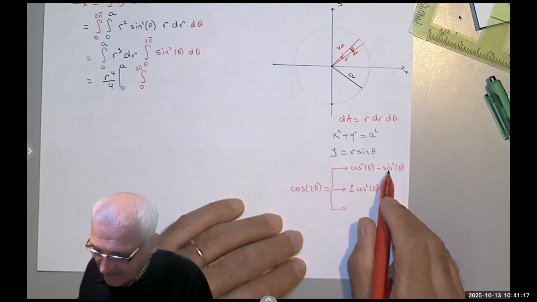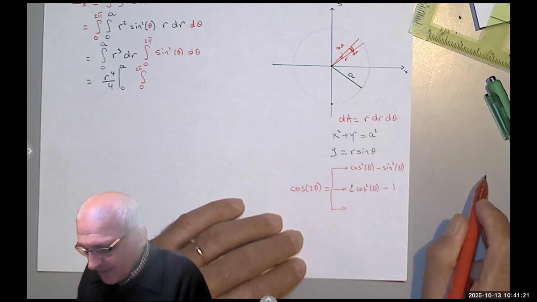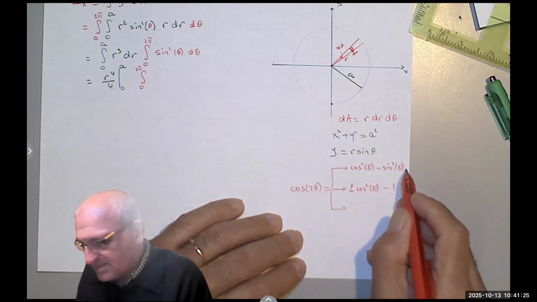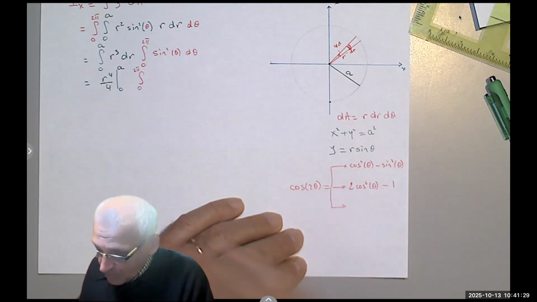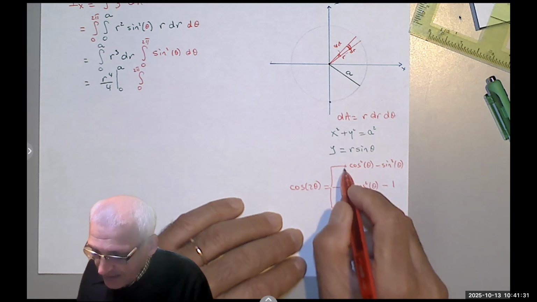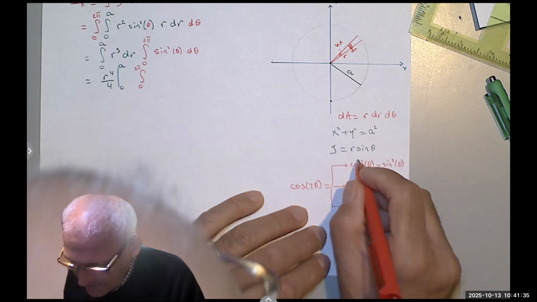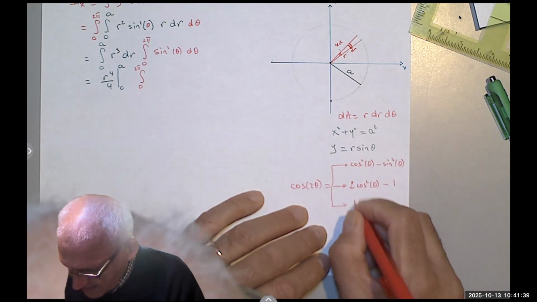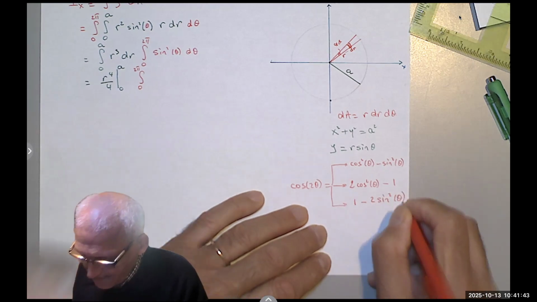Because if you break that into 1 minus cosine square, the 1 becomes -1, and the negative times negative cosine square becomes positive cosine square that add up. Or you can break that into 1 minus sine square, so you get 1 minus sine square minus another sine square, so 1 minus twice sine square theta.